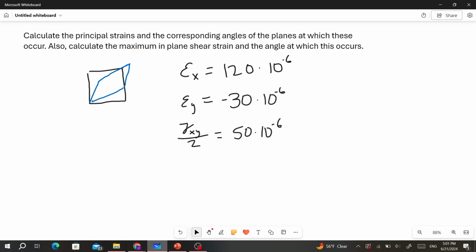So we're given this material element. In black is the undeformed material element, and in blue is our deformed material element. You can see there's some amount of strain in the x direction in this material element. You can see that here. We have some epsilon x.